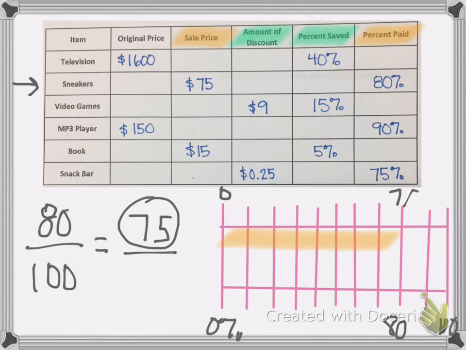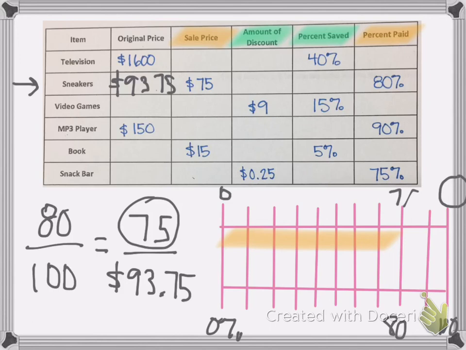So 10 lines times 9.375 is $93.75. All I really care about is what is the whole, what's the entire amount. So for the sneakers, the entire amount is $93.75. So that goes there.